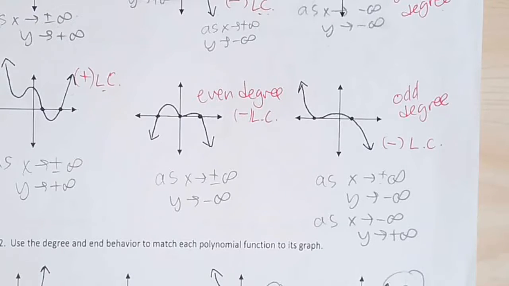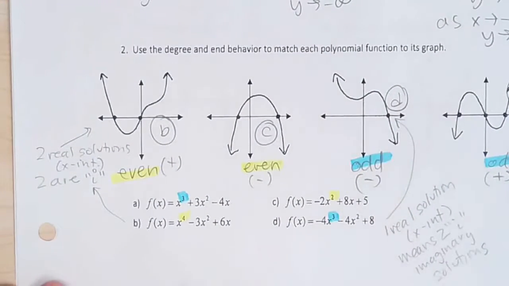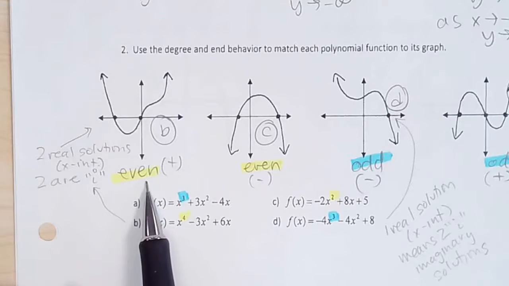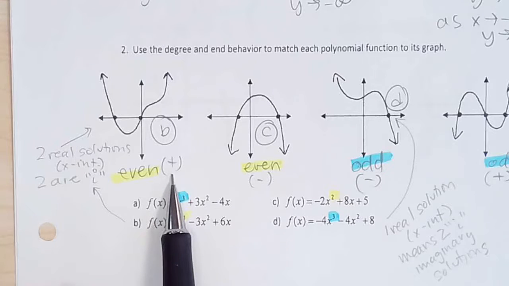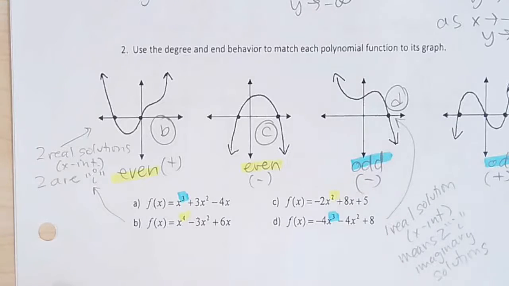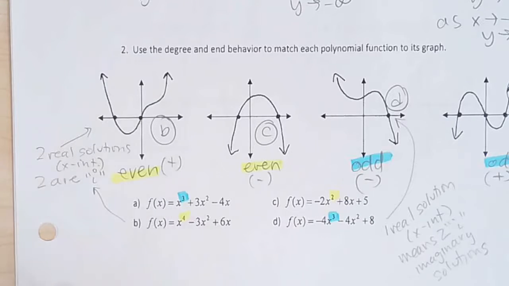Next set of problems is asking you to use the degree and the end behavior to match each polynomial function to its graph. This first one on the left is going up and up. That means it's an even degree, positive leading coefficient. There are two real solutions, x-intercepts, and there could be other additional solutions that are not x-intercepts, but for now, these are our x-intercepts, and they are crossing, which means it's again some kind of an even degree.